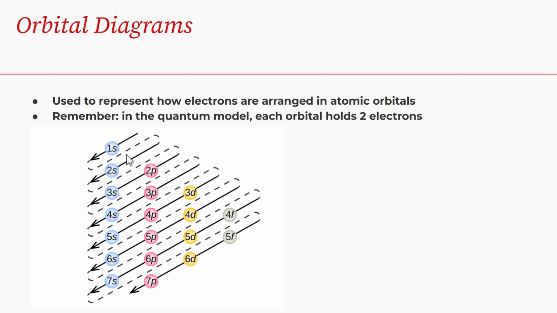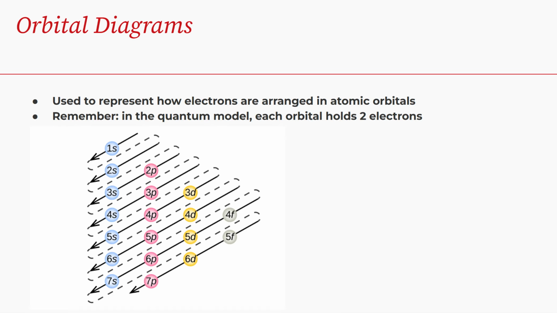So when we think about elements, elements will always start to fill up their electrons at the lowest energy level orbitals. So elements would fill up 4s before they moved on to 3d because 4s has less energy than it.